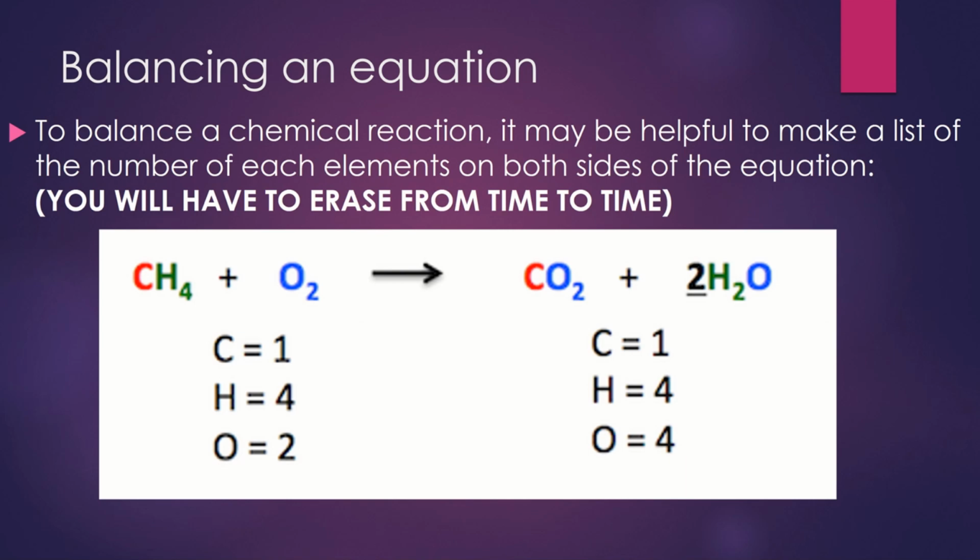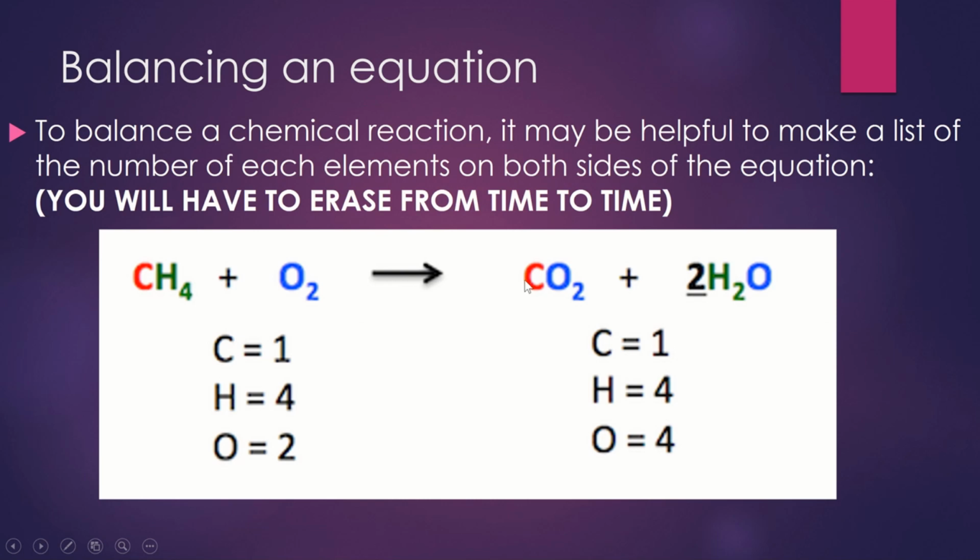A trick to helping to balance chemical equations is to write each element or each atom and how many of each you have below your equation on each side of the reaction. So in the example here, we have methane, CH4, reacting with oxygen, which is O2, to produce carbon dioxide plus 2 waters. On the left-hand side, we have 1 carbon.